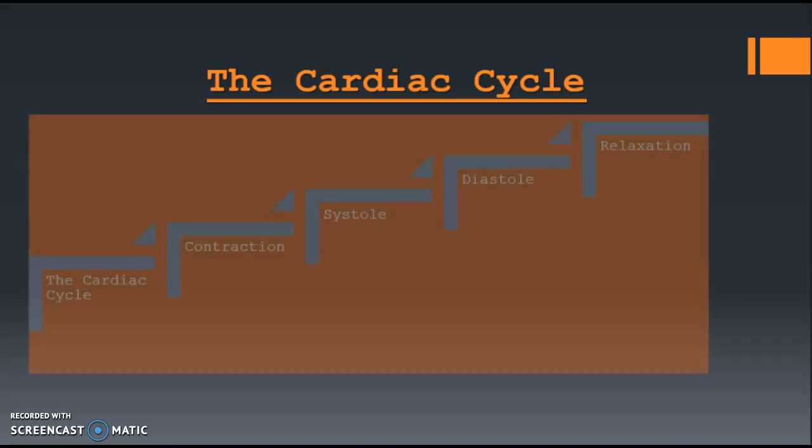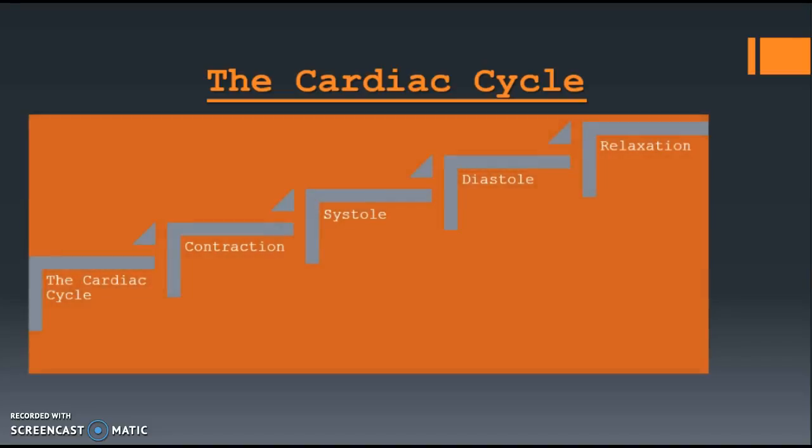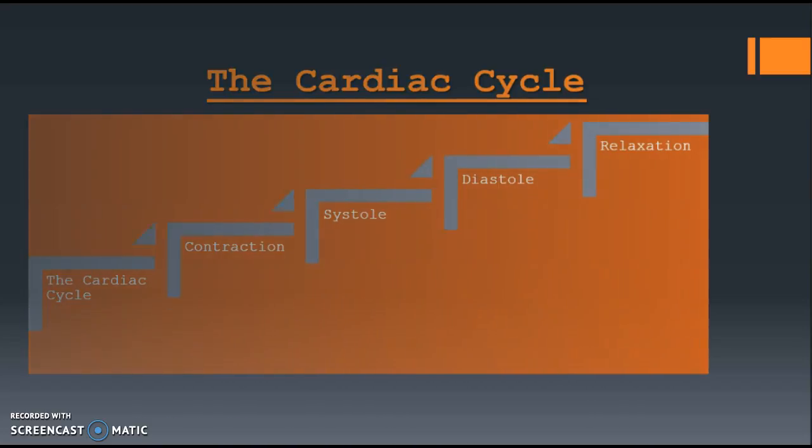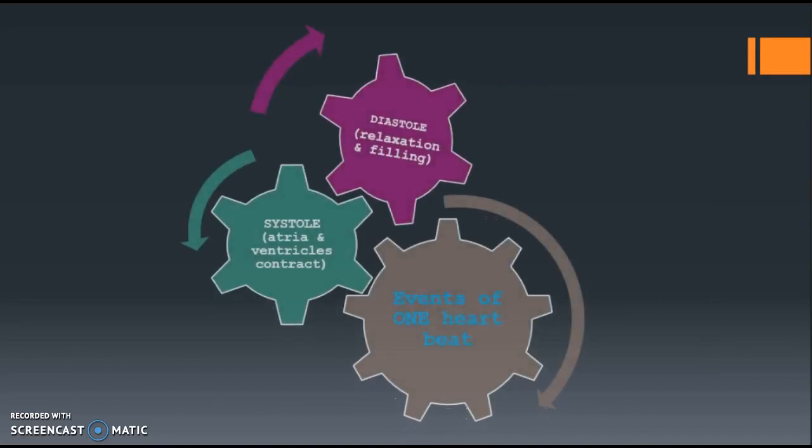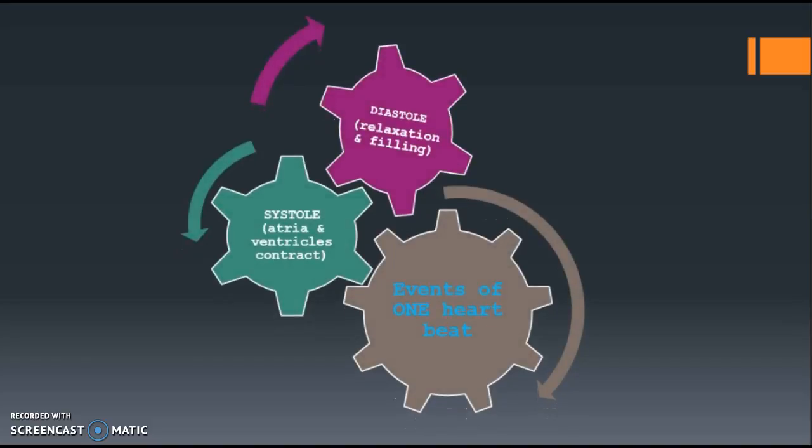We'll be talking about the cardiac cycle, the contraction, the systole, and the diastole, the relaxation. Every time your heart beats, which for an average adult is about 72 beats per minute, the diastole and systole will occur.